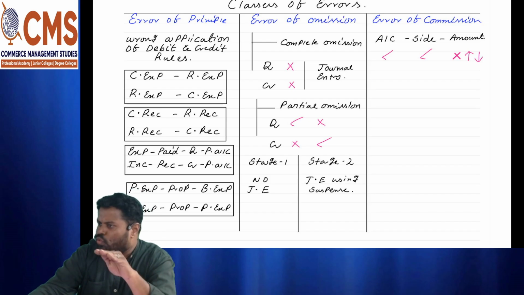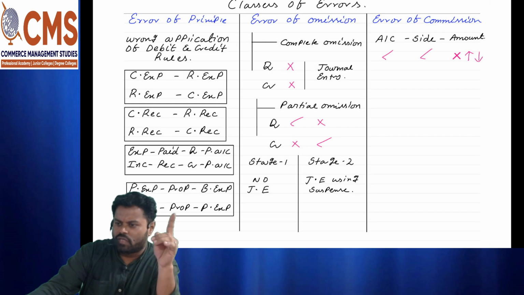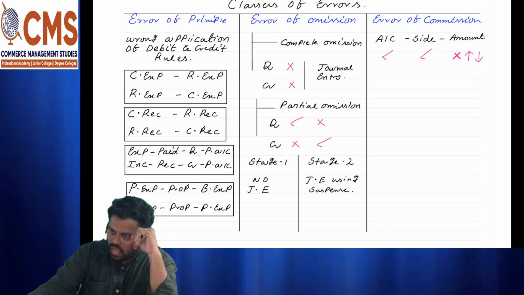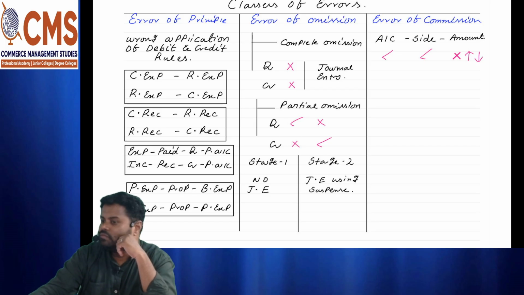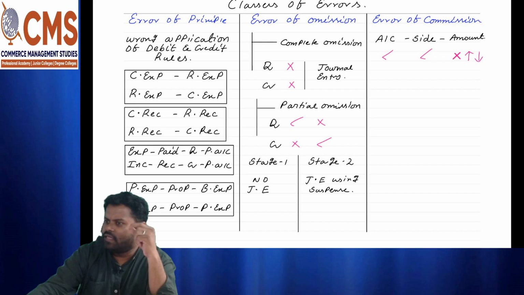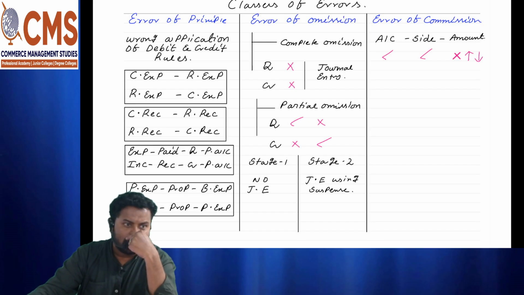Instead of writing 2500, I wrote one extra 0. I wrote 2500 as 25,000. What will we do? Take that pen, open it and hide that 0. No, the problem is 25,000 cannot be made 2500 that easily.